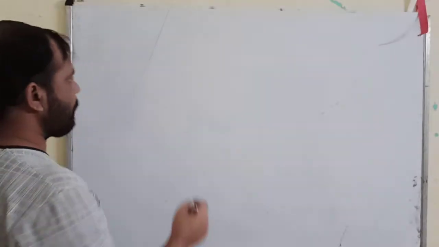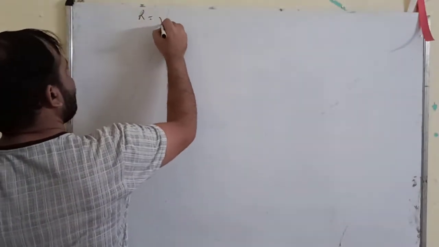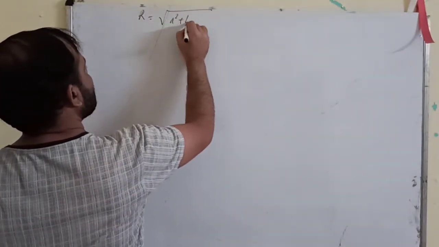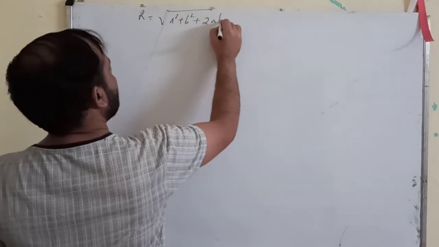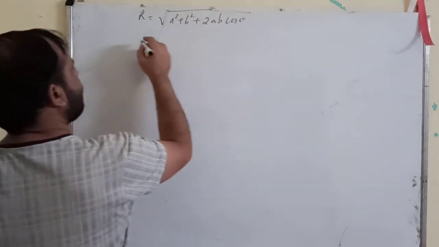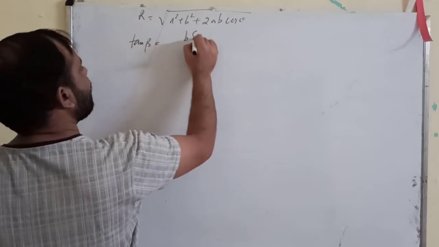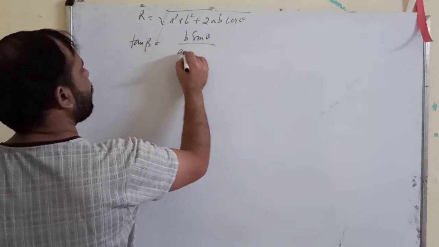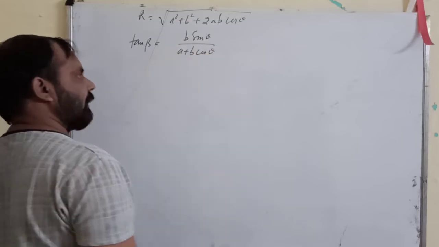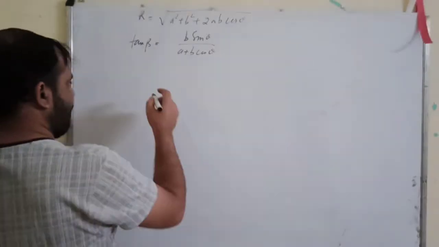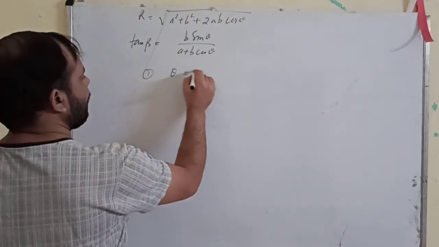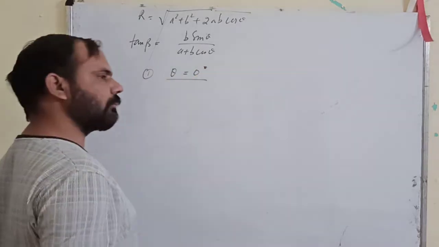Before writing the special cases, I will mention once again R equals square root of A square plus B square plus 2AB cos theta, and tan beta is equal to B sin theta upon A plus B cos theta. We have this formula. So special cases: first case is theta equals 0 degree.